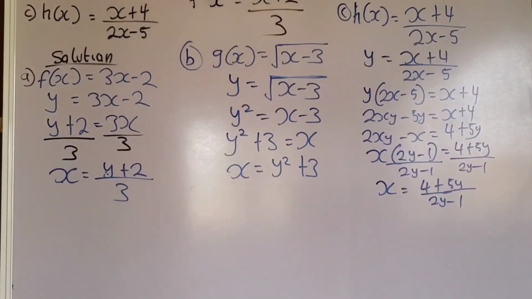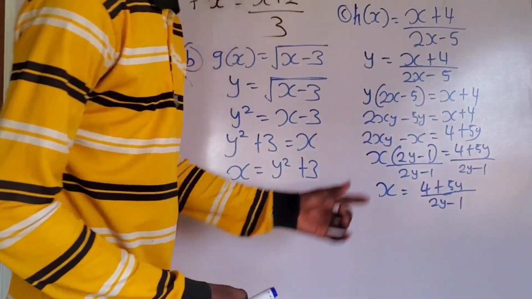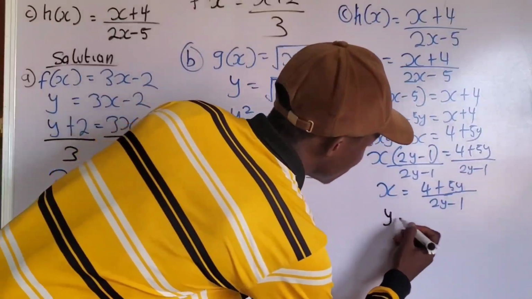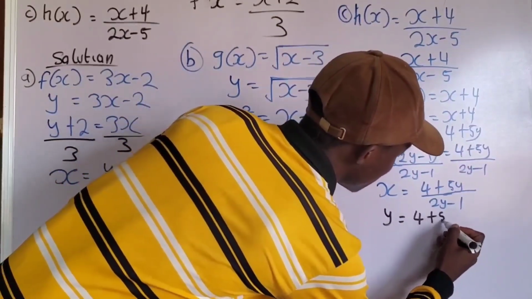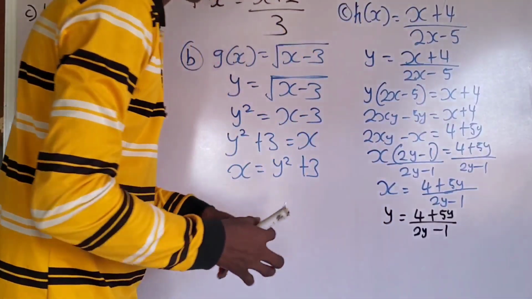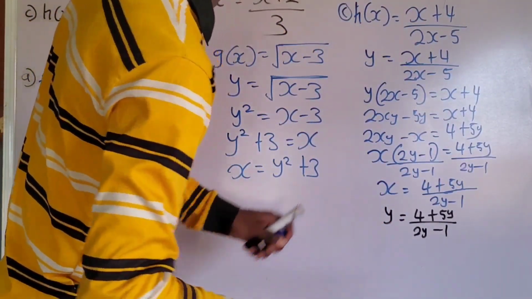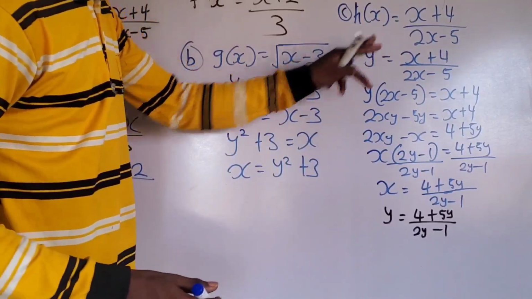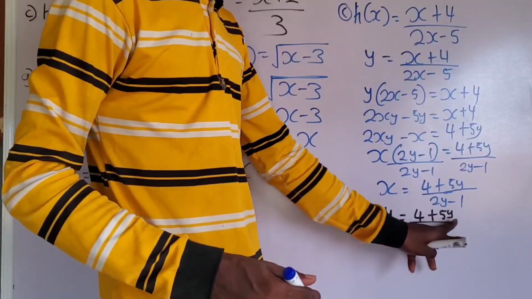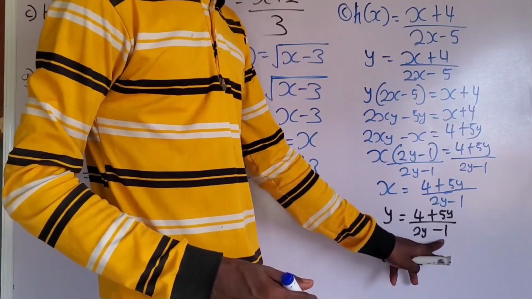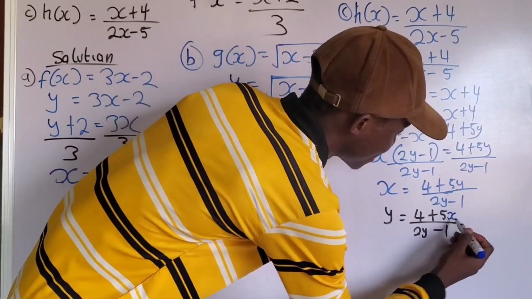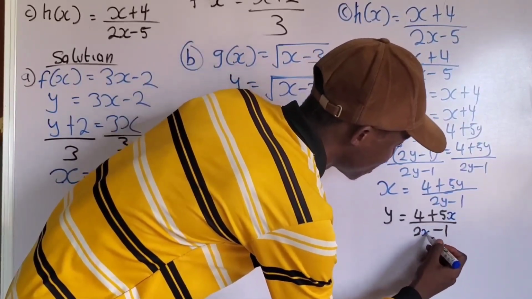Now, having gotten to this point, you have to interchange x as y and y as x. So I'm going to have y is equal to 4 plus 5x all over 2x minus 1. Now, that means I'm going to write y as the inverse of h of x, because the inverse of this function is 4 plus 5x all over 2x minus 1.